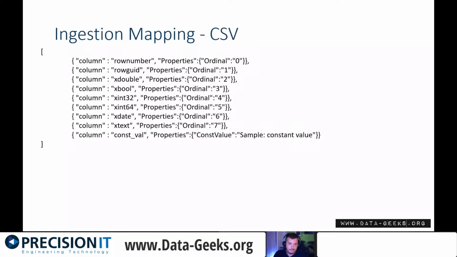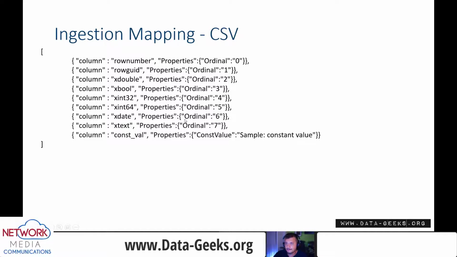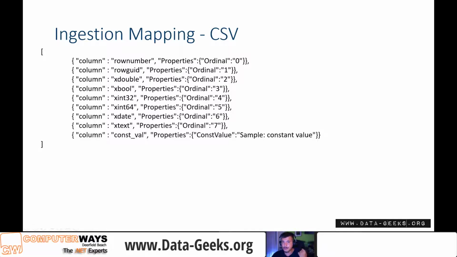And some examples. For example, the ingestion mapping with the CSV: the column that must be found in the ingested file, and the properties that you can use to set the ordinal, or for example the constant value that can be placed into the table.